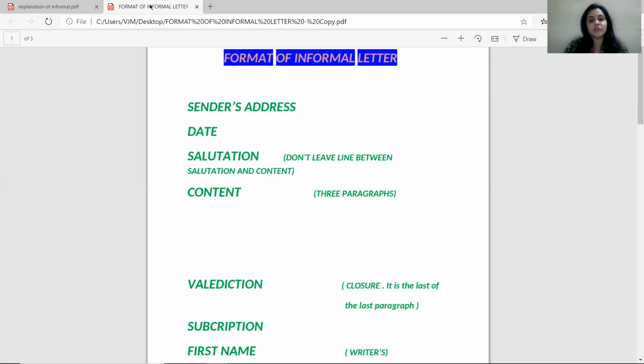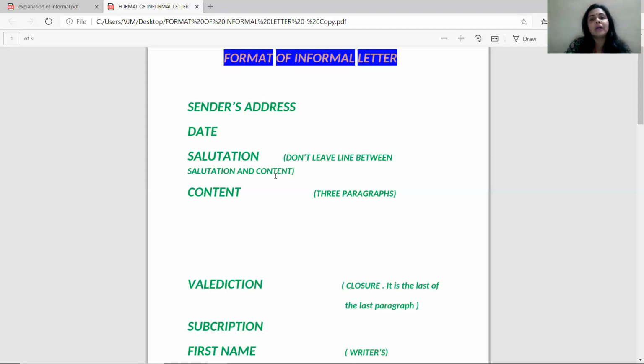Now here I have specially mentioned that you don't have to leave a line between salutation and content. Just in the next line you can start the content within 3 paragraphs. We have already discussed 3 paragraphs. First will be the opening phrases, the opening sentences, then the reason why you're writing the letter.